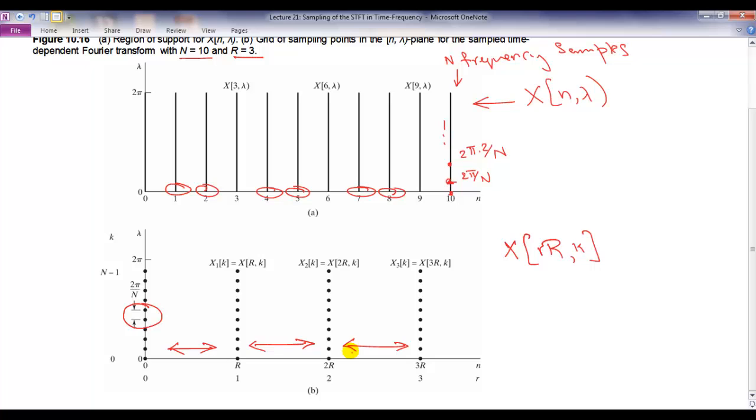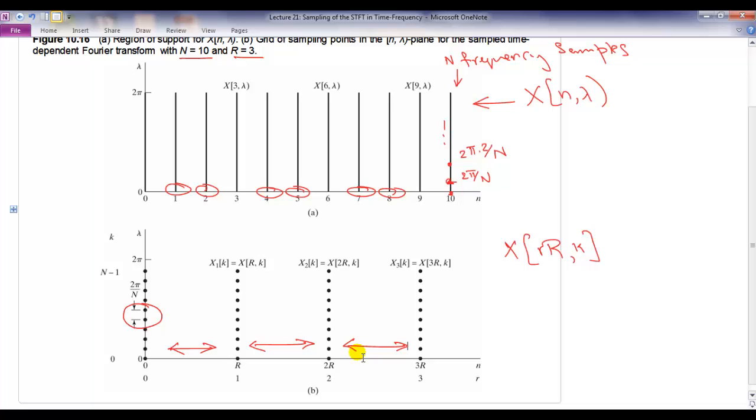Similarly, in the frequency domain, you want to use enough samples so that you get a better sense of what the frequency spectrum looks like. You don't want to use too large of a capital N because that will take a large computational time.